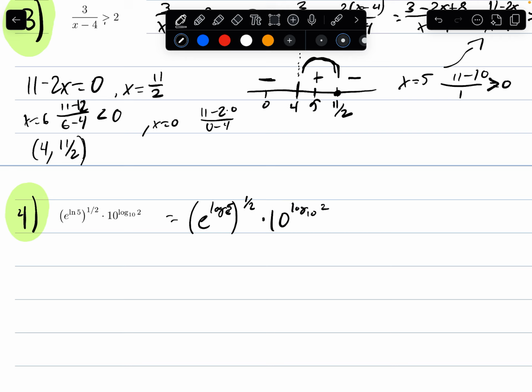Well, using our log rules, we know that the e and the log will cancel out, and I'll be left with 5 to the 1/2 times 2, which is 2 square root of 5. And that's really all we do there. Now we look at number 5.